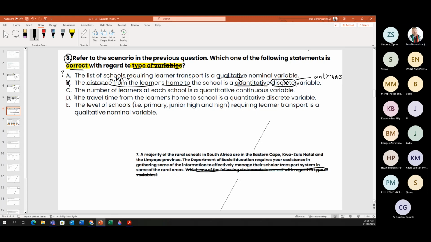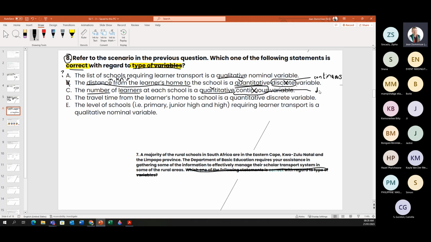Let's look at the next one again. Number of, distance of, all of that is quantitative. So that is not the problem. The number of learners at the school is a continuous variable. So that again now is where the problem lies.